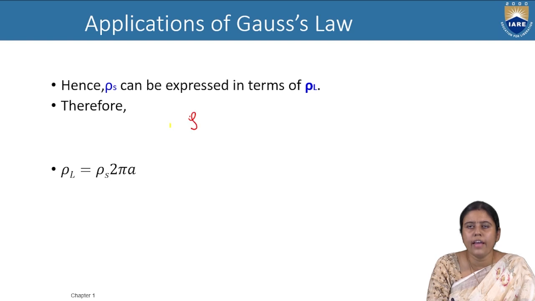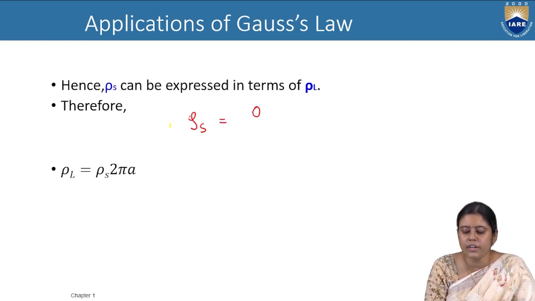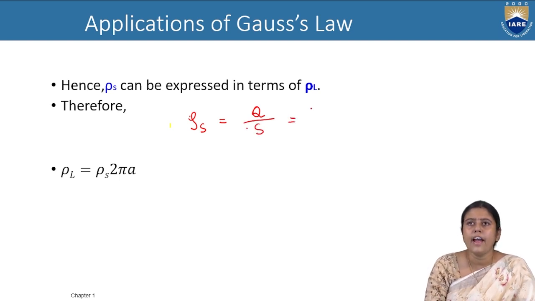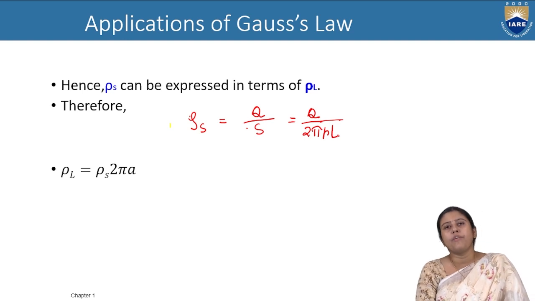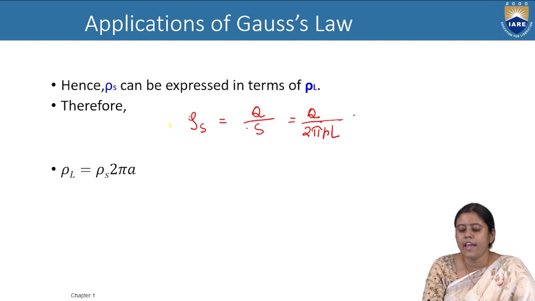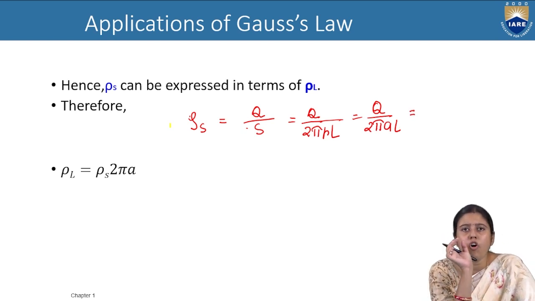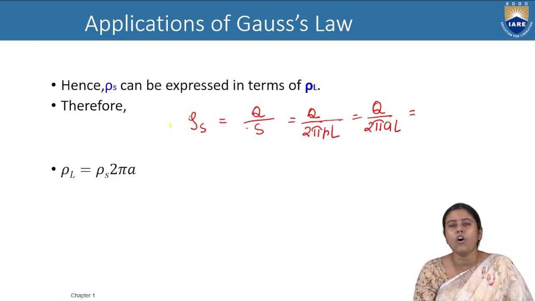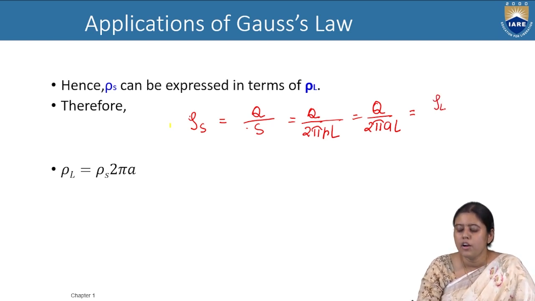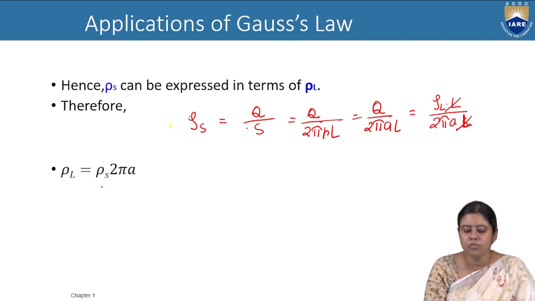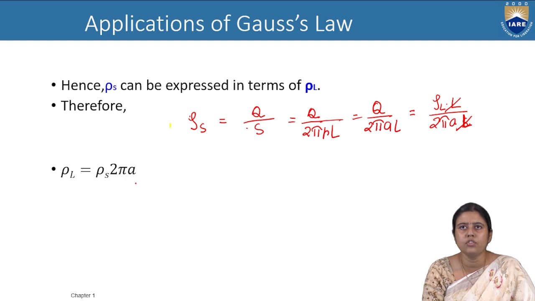We know rho S means total charge by the total surface area, and here the surface area is nothing but 2 pi r into L. For the inner cylinder, if the radius is a, we can write Q by 2 pi a L. Now, if we are concentrating only on the inner cylinder, and the line charge density is rho L, we can write rho L into L by 2 pi a L. L cancels out, so we can write rho L is equal to rho S into 2 pi a.